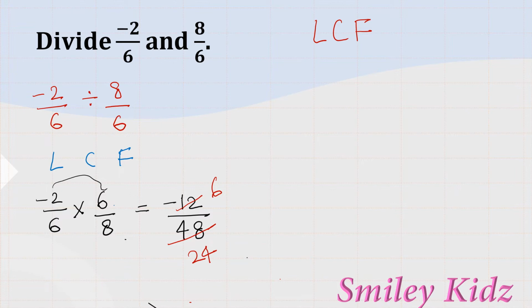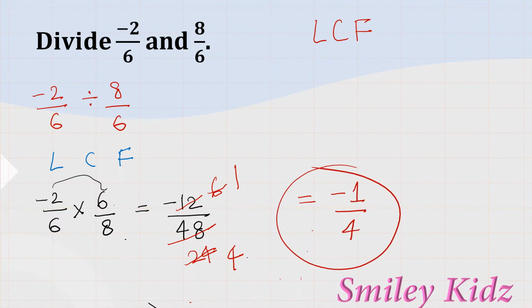We can further simplify, right? 6 times 1, 6 times 4 is 24, which will be equal to minus 1 by 4. Therefore, when we divide minus 2 by 6 and 8 by 6, we get the solution as minus 1 by 4.